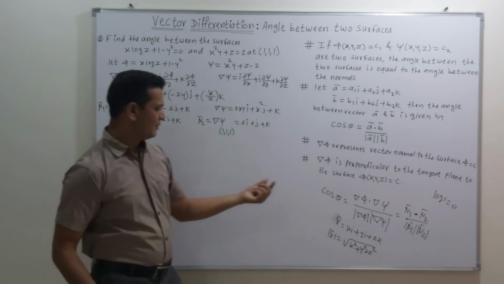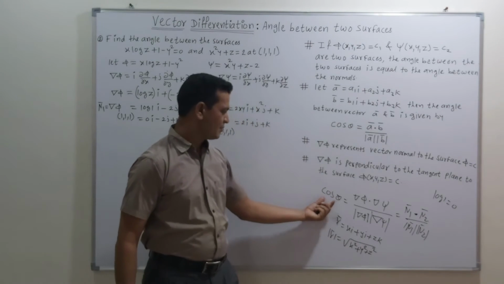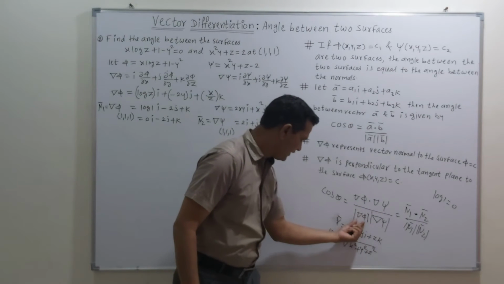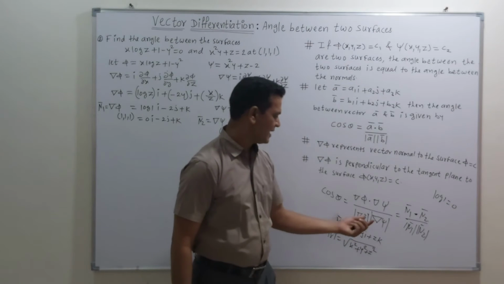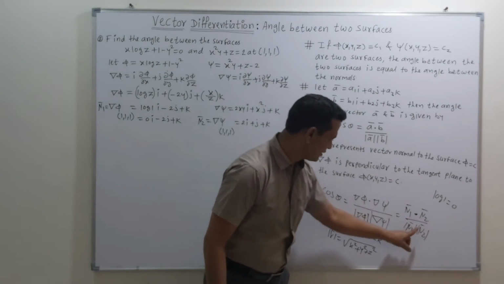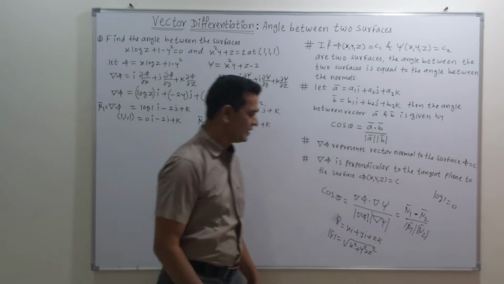Now to find the angle between the two surfaces, we need del phi dot del psi upon the magnitude of del phi times the magnitude of del psi, or we may write this as the dot product between the first normal and the second normal to the surface, with their magnitudes in the denominator.